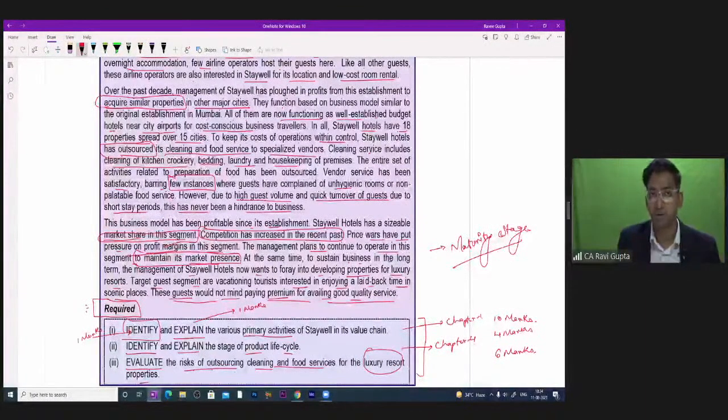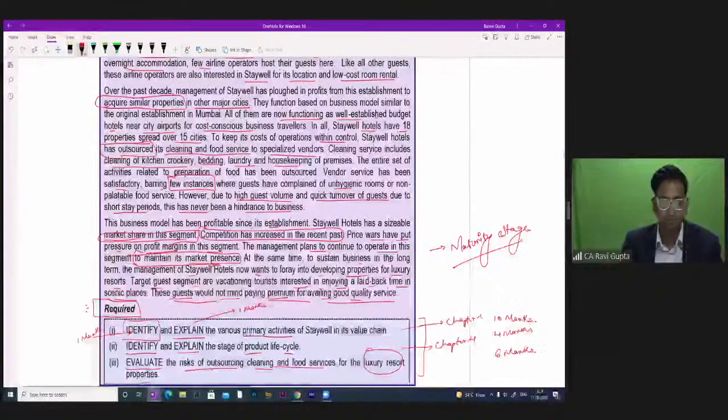We can have more control, right? We can provide timely services. So it's better if the customer is willing to pay. The guest would not mind paying a premium for availing good quality services. So in order to provide good quality services, we have to have our own internal department, so why should we have an in-house department?